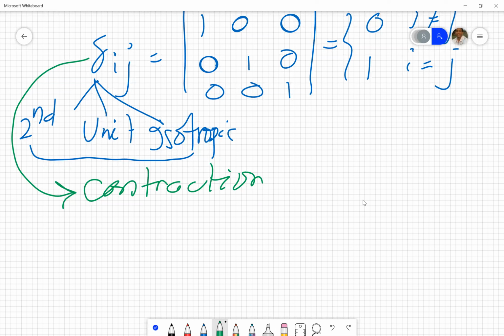It is used for the contraction of the tensor.